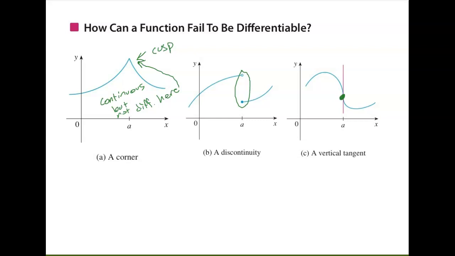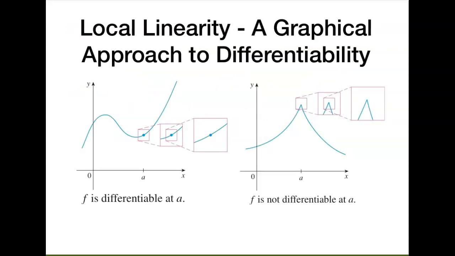That function would be differentiable everywhere else, but at that cusp, it would fail to be differentiable. So this just points out, right, if a function has local linearity, if we zoom in on this point, we can zoom in enough to make it look linear, it will be differentiable. If it fails to have local linearity, which is what corners and cusps do, no matter how much you zoom in on them, they still look like a sharp corner, it will fail to be differentiable at that point, okay?